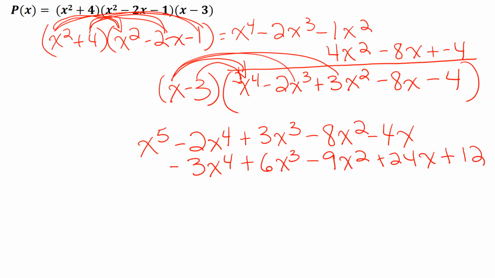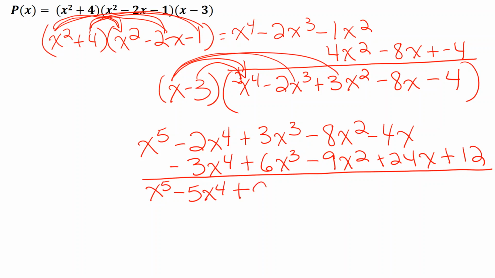Okay, well, let's add all of that together. And it's x to the 5th minus 5x to the 4th plus 9x to the 3rd minus 17x squared plus 20x plus 12.